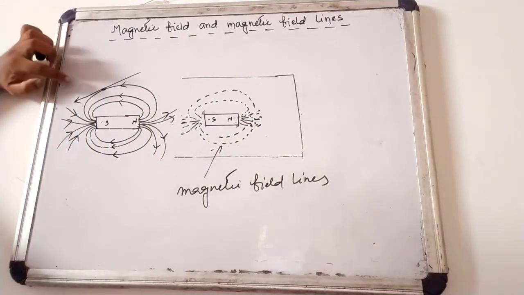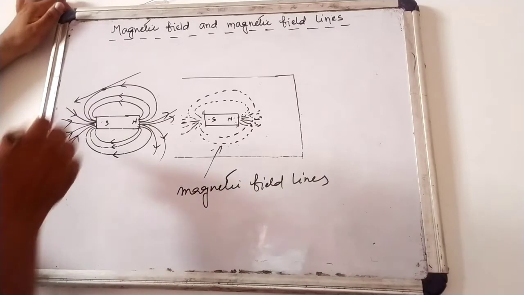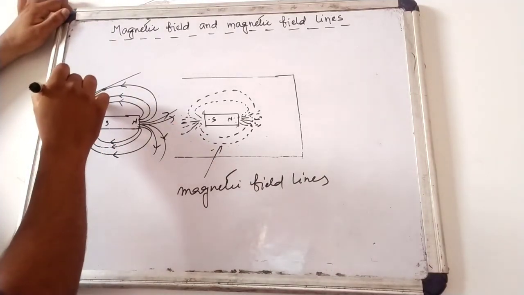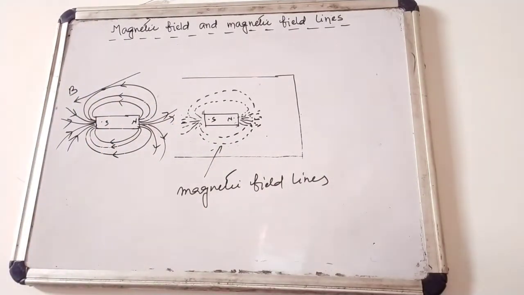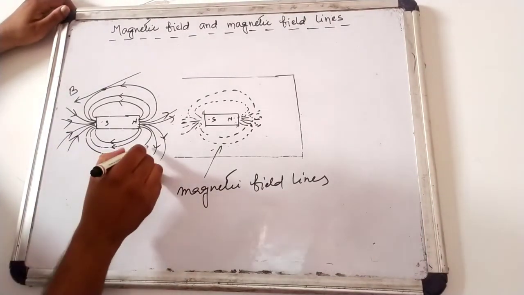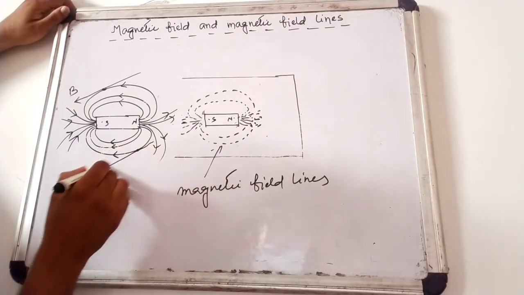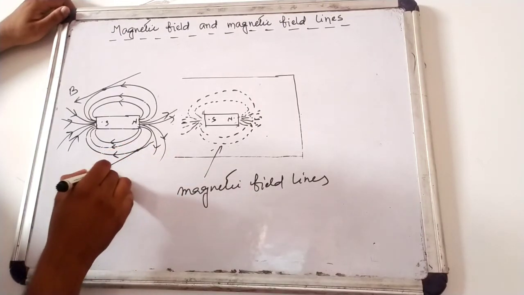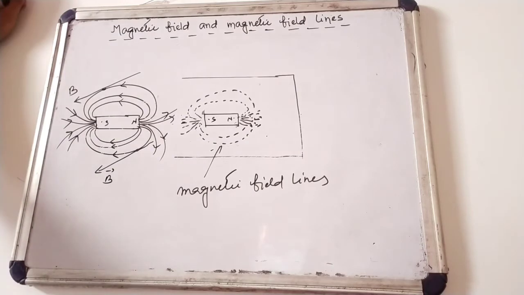Okay, if we draw the tangent at this point, then this direction will give us the direction of the magnetic field. Suppose at this point we need to calculate the direction of magnetic field, then just draw a tangent. So this will be the direction of magnetic field at this point.